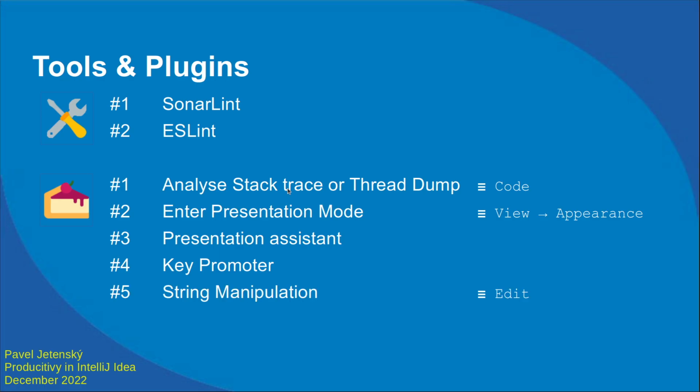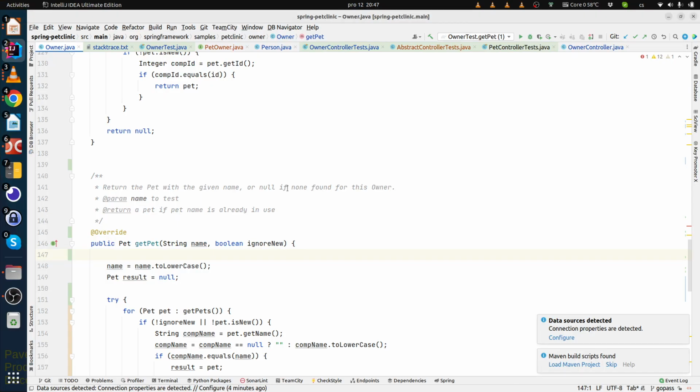Bonus tip number 5 is the String Manipulation plugin. This allows you to do nearly every operation which you can imagine on strings. So, for example, let's say that I have some password. Strong password.